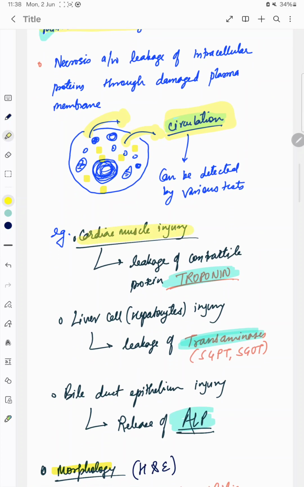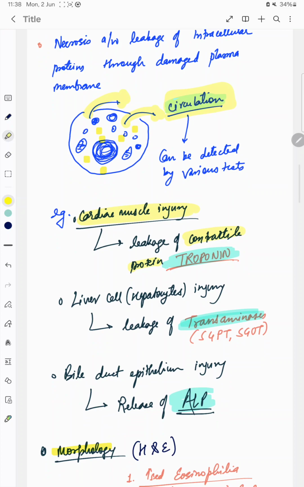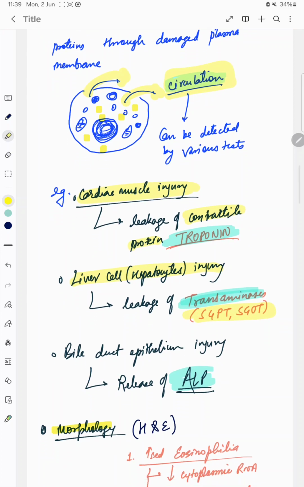For example, in cardiac muscle injury, there is leakage of the contractile protein troponin, which is an early indicator of myocardial infarction. In liver cell or hepatocyte injury, there is leakage of transaminases, SGOT and SGPT. This is one of the commonly performed liver function tests to check liver cell injury. In bile duct epithelium injury, there is release of alkaline phosphatase.